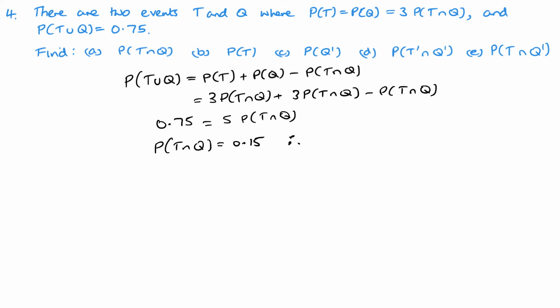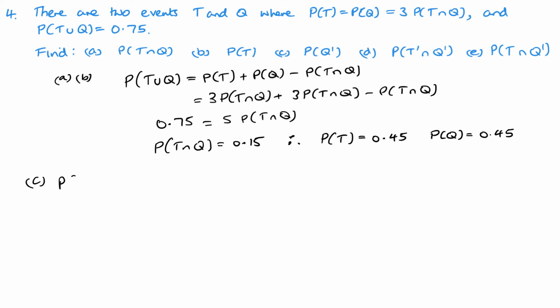Therefore, if I multiply that by 3, the probability of T is going to be 0.45, and the probability of Q is also 0.45. So from here now, we've actually found A and B within this. So we're actually on to C. So that's covered my A and my B.